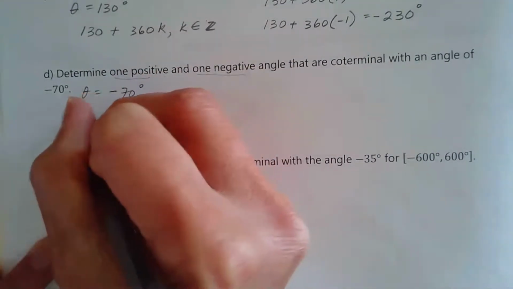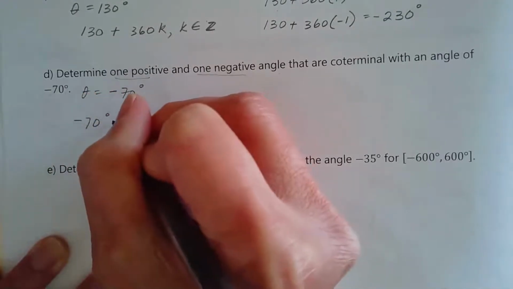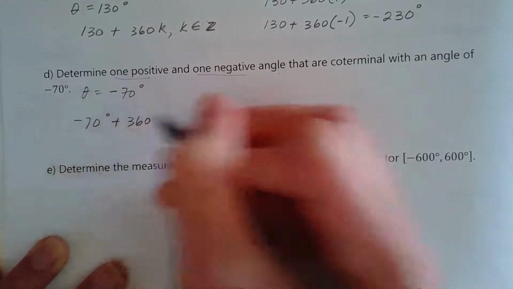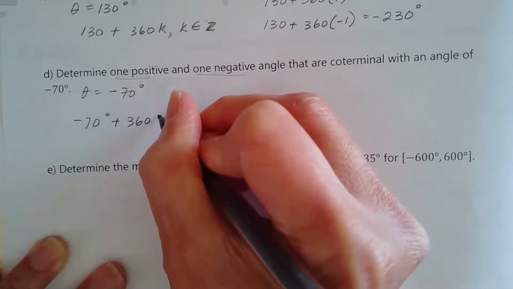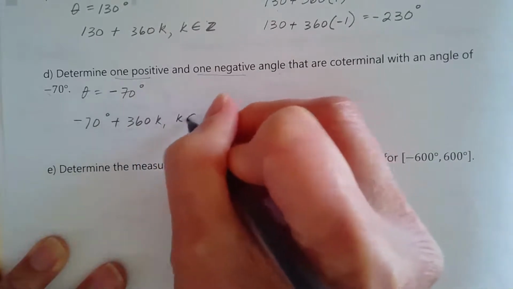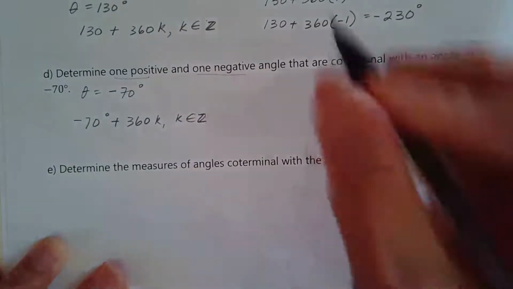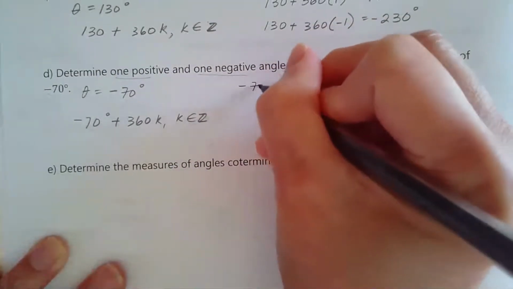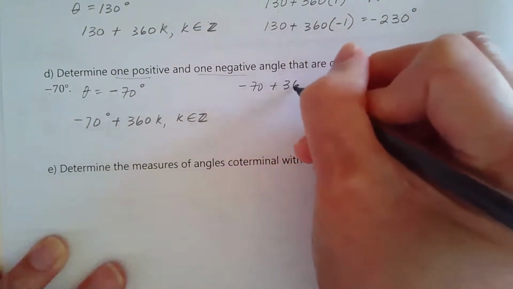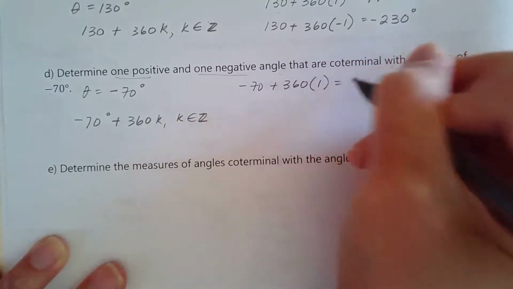So it's going to be negative 70 degrees plus 360k, where k is an element of an integer. Okay, so we go negative 70 plus 360 times 1.